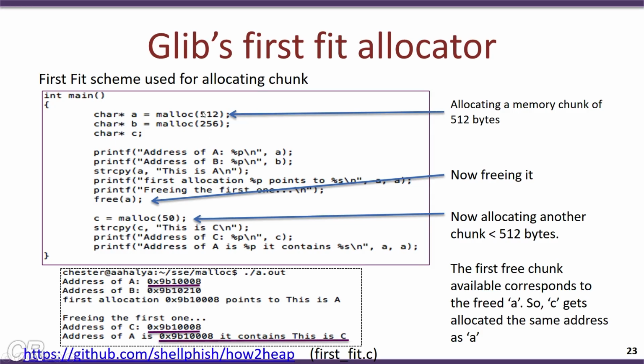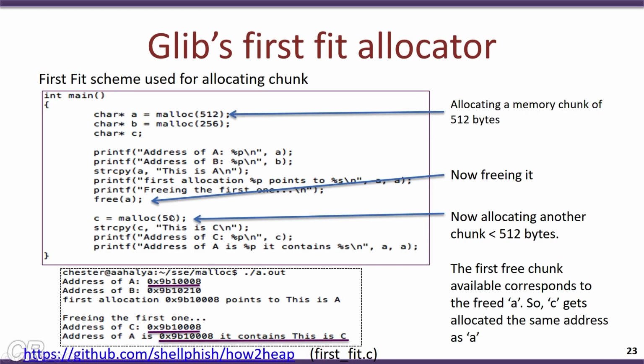Note that C is much less than the 512 bytes and the 256 bytes that were allocated previously. Now what happens when we free A is that A is too large to go into a fast bin, and therefore it goes into this unsorted bin, and the unsorted bin would have an entry which corresponds to the chunk of approximately 512 bytes.